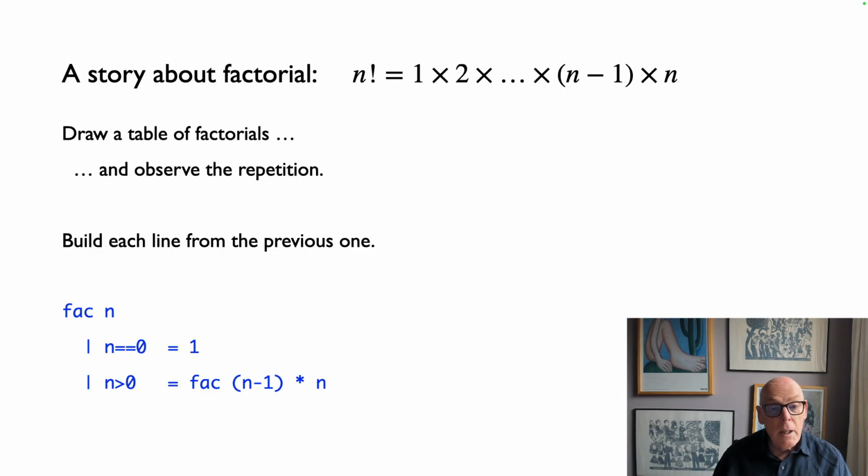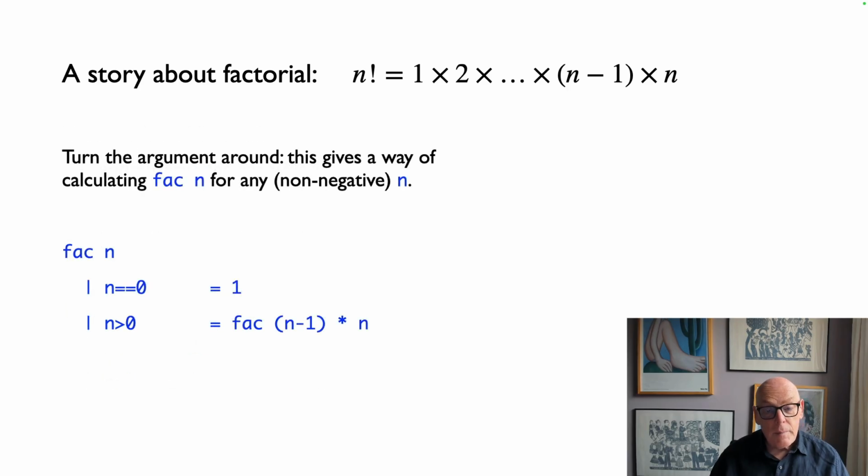So that is describing this table of factorial numbers, starting at 0 and giving one number and then the next. But we can turn this around and see this actually gives us a way of calculating factorial of n for any non-negative n. Here's our function definition, and we can use that directly to build a calculation in Haskell, and so build an implementation of this recursive function definition.